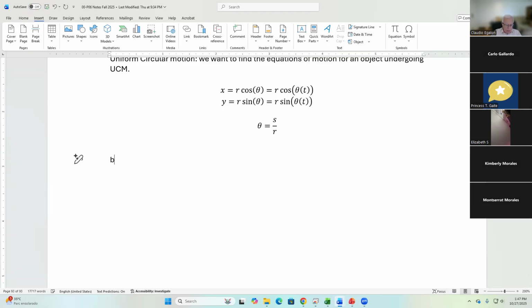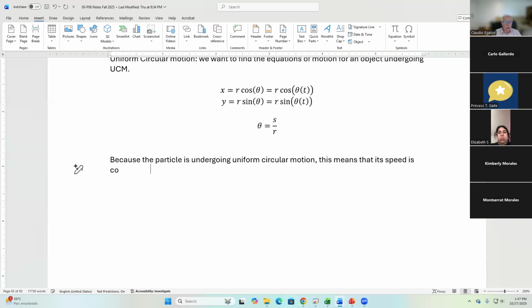Now, because the particle is undergoing uniform circular motion, this means that its speed is constant.